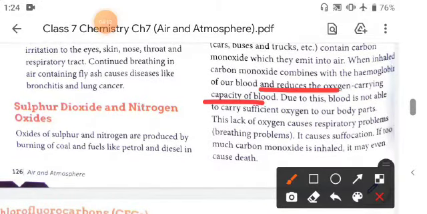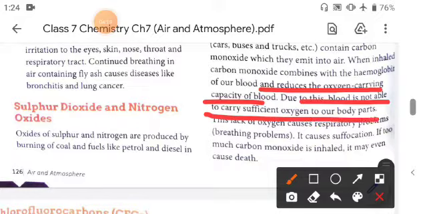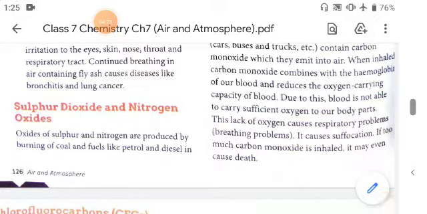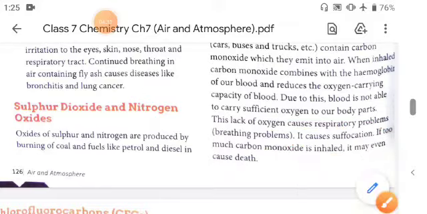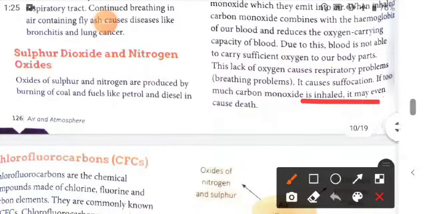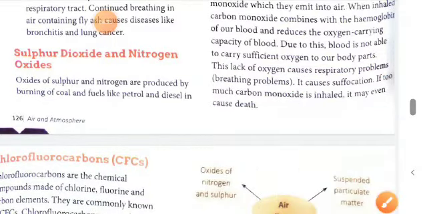So the blood is not able to carry sufficient oxygen to our body parts, and this lack of oxygen causes respiratory problems and suffocation. If too much carbon monoxide is inhaled, it may even cause death.